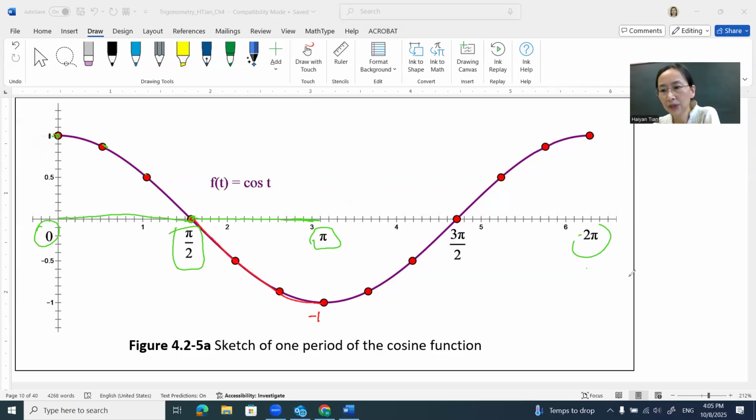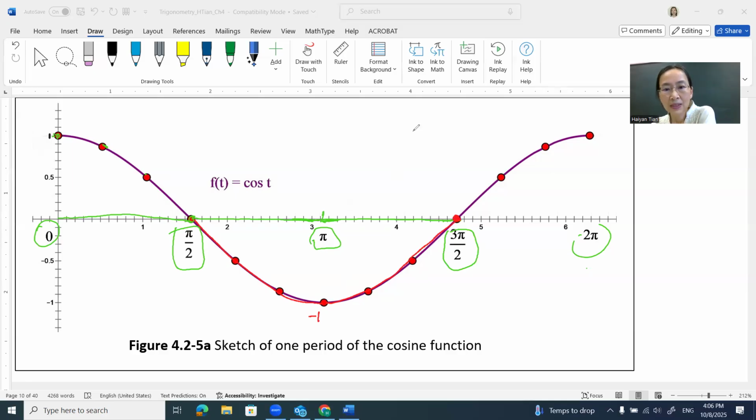And then if we increase t, that means if we look at t in this range from pi to 3 pi over 2, the cosine t will increase. The cosine t will increase, but still negative. It's less and less negative until 0.